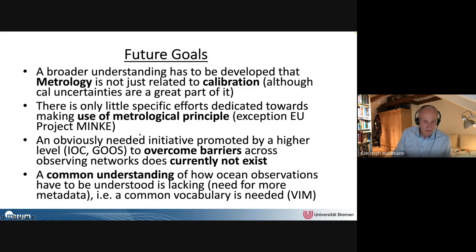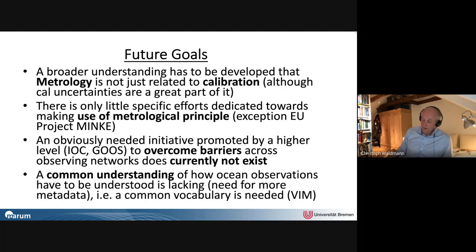Methodology principles I mentioned already. What I also found out is that the bottom-up approach, what we actually have done, is sometimes good, but then it takes a long time until other groups adopt this approach. Then we thought maybe it's a good idea to talk to IOC and GOOS and get them involved.